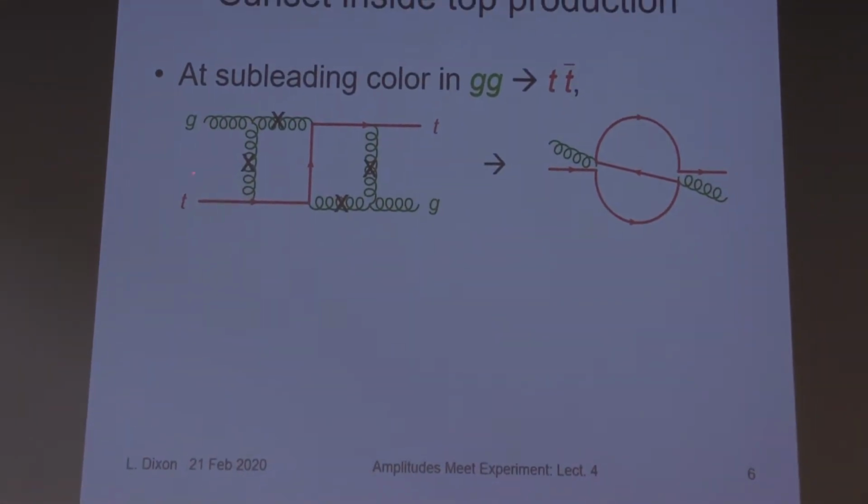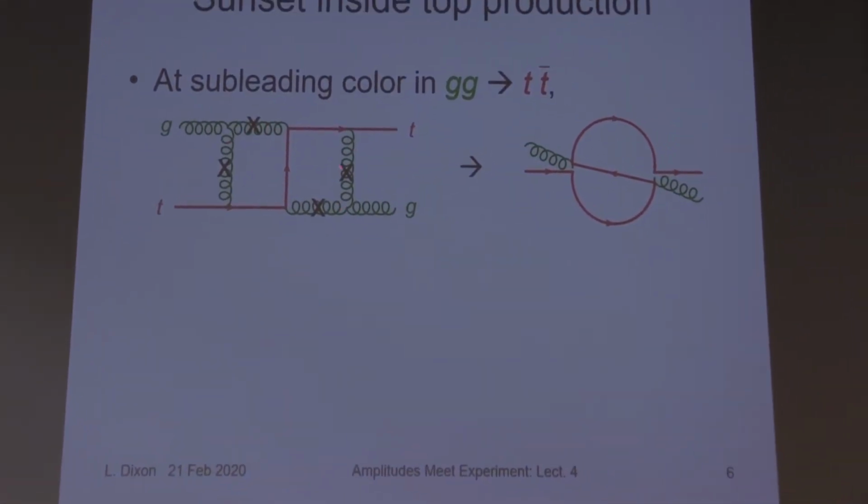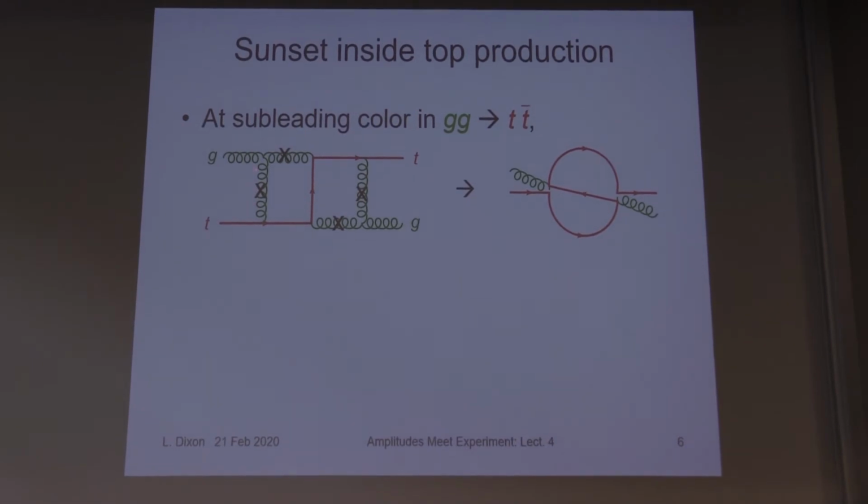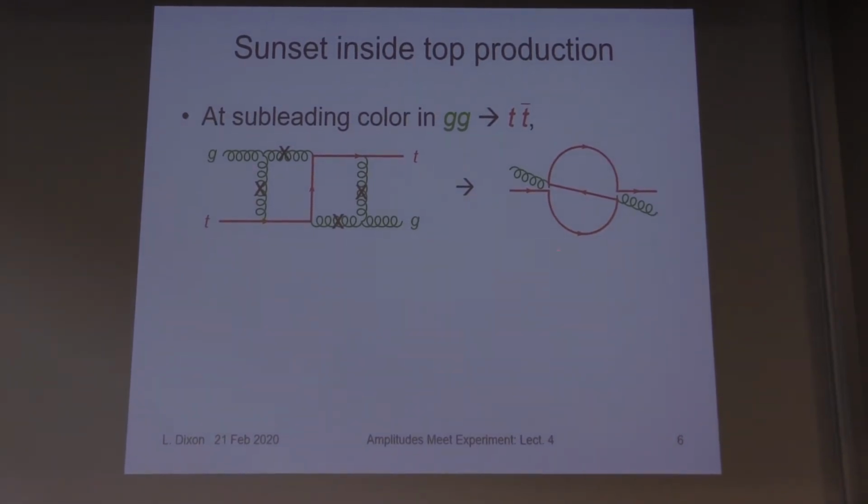So if you do that 4 times and are able to remove these gluon propagators, then you are left with this. Now I'm contracting these to a point, and remembering that the momentum flowing in here is now going to be the sum of the top quark momentum and the gluon momentum.